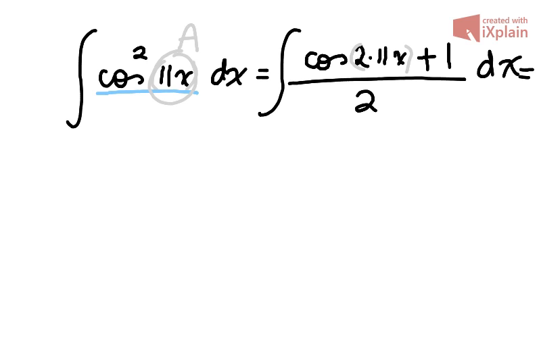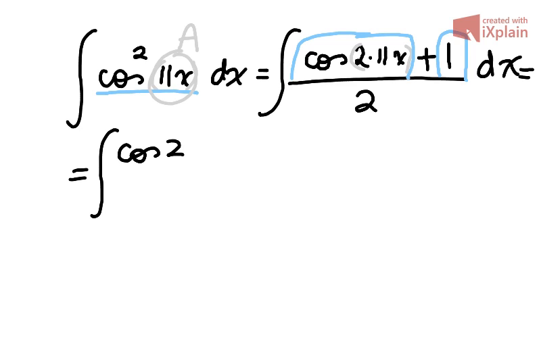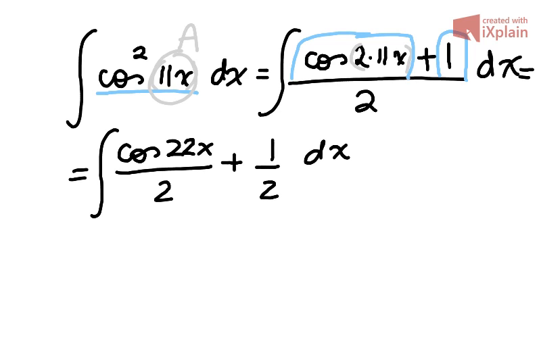So one thing we could do here is separate this integral into 2, because we have the first term before the plus and the second term after it, both over 2. So we could rewrite this as cos of 22x over 2 plus a half, all of that integrated.